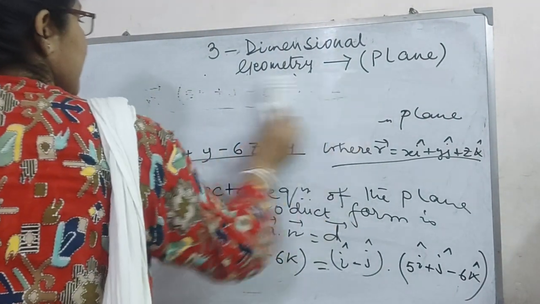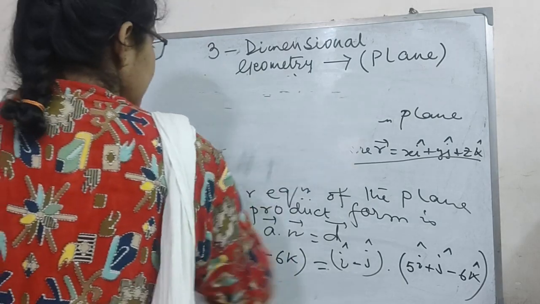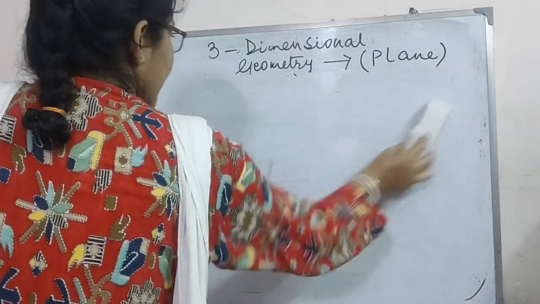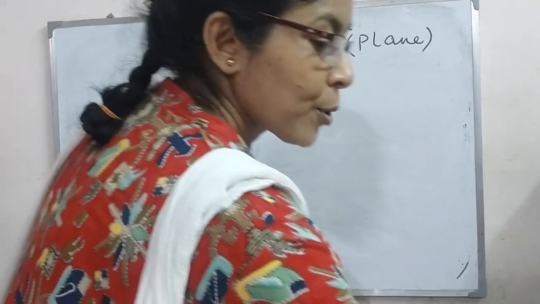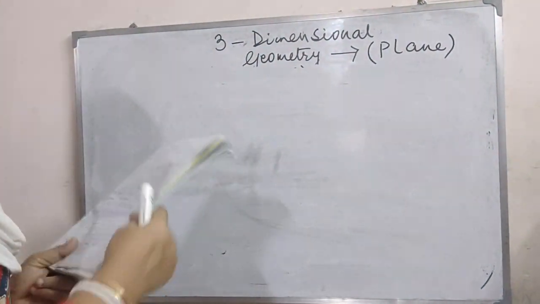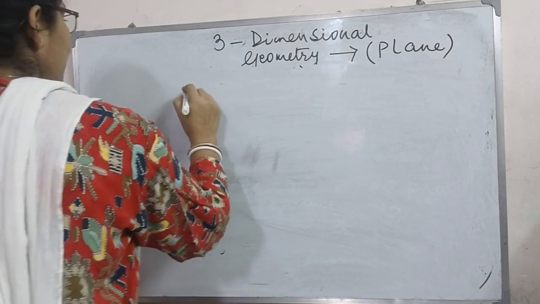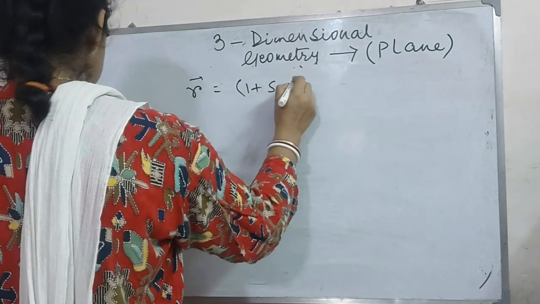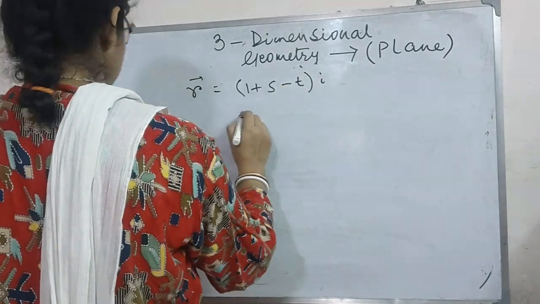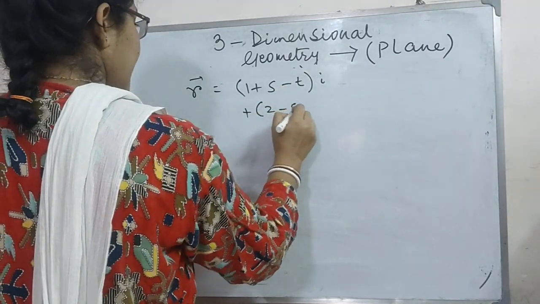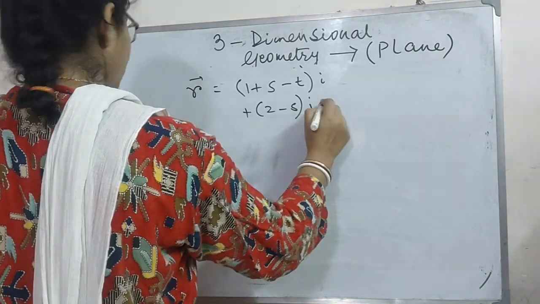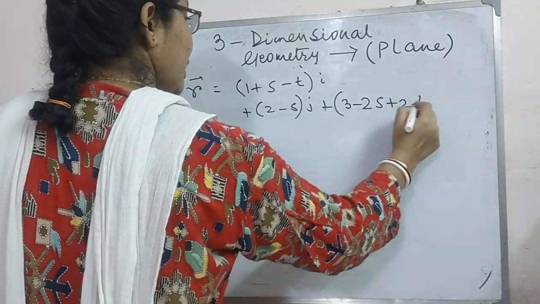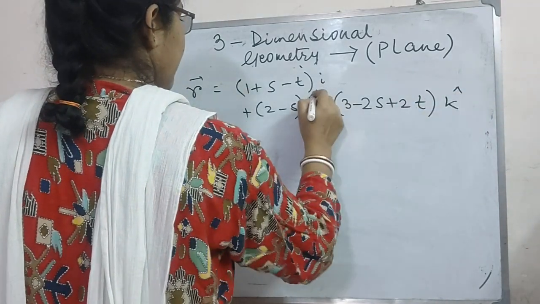The third sum is: find the vector equation in scalar product form, where r equal to (1 plus s minus t) i plus (2 minus s) j plus (3 minus 2s plus 2t) k.